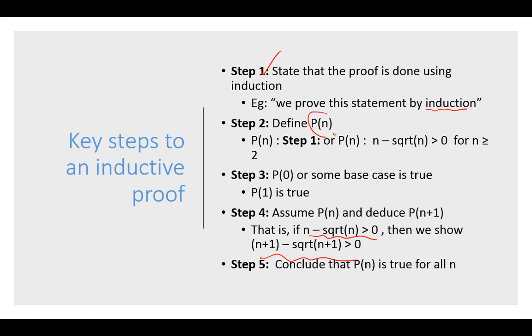Step 2 is to define the proposition that you're going to prove. Step 3 is to prove a base case, which is usually very simple. Step 4 is the harder part, where you have to show that by assuming P(n), you can deduce P(n+1). And then we finally conclude. We write one statement that says, because step 4 is true, we can conclude that P(n) is true for all n.